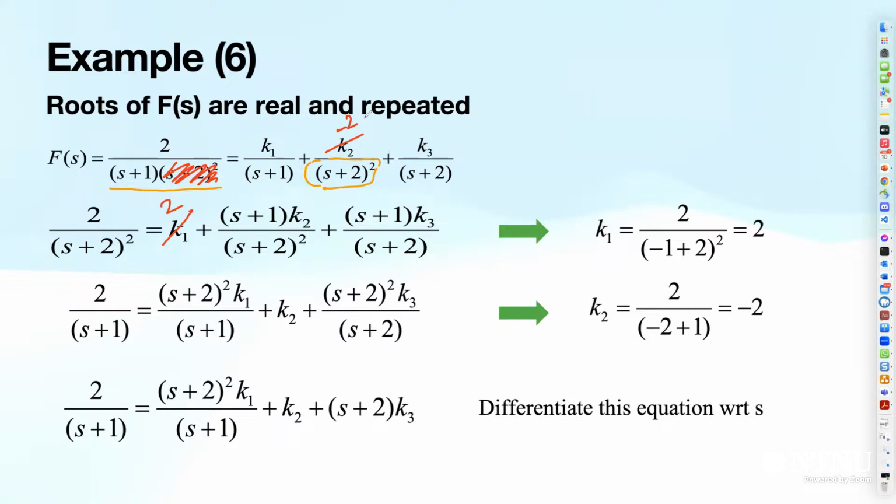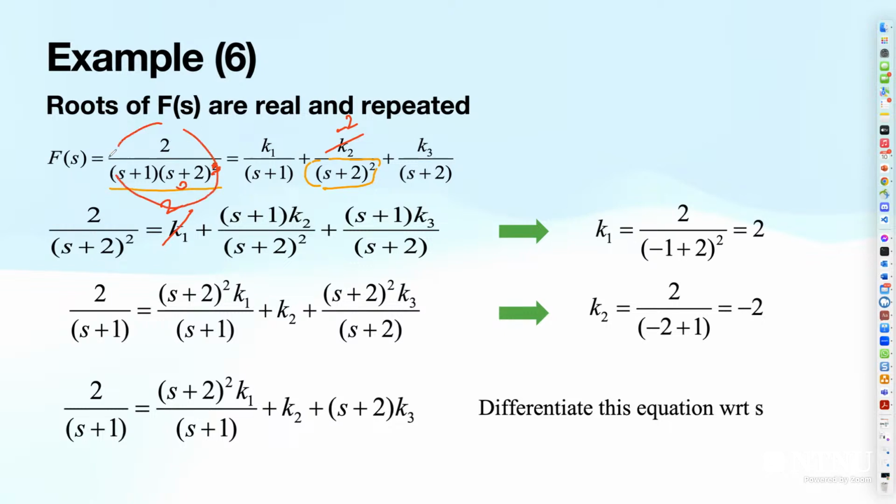So now we can find k1 and k2, but it's difficult to find k3, because if we do the same and try to multiply the other side by s plus 2, that part disappears, but we still have s plus 2. Then when we substitute s equals -2, that part will be 0, and it will be 2 divided by 0.